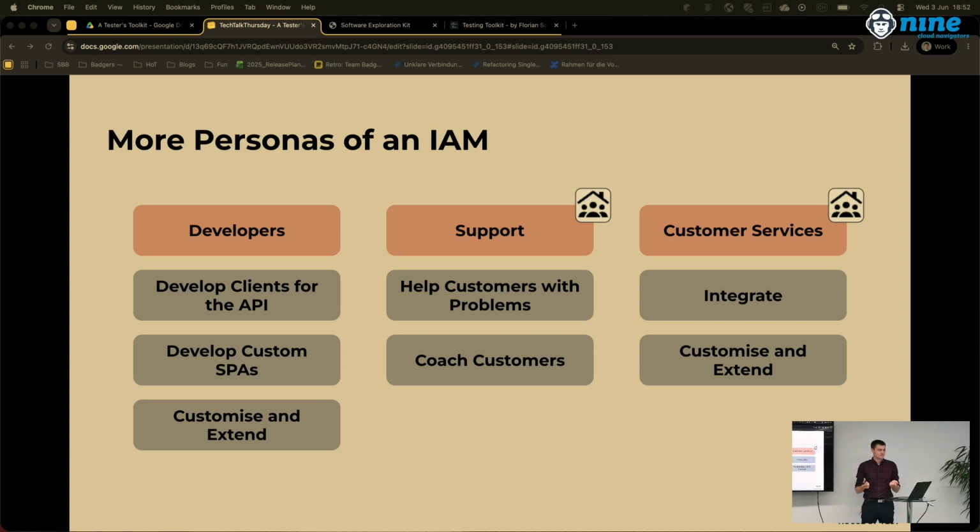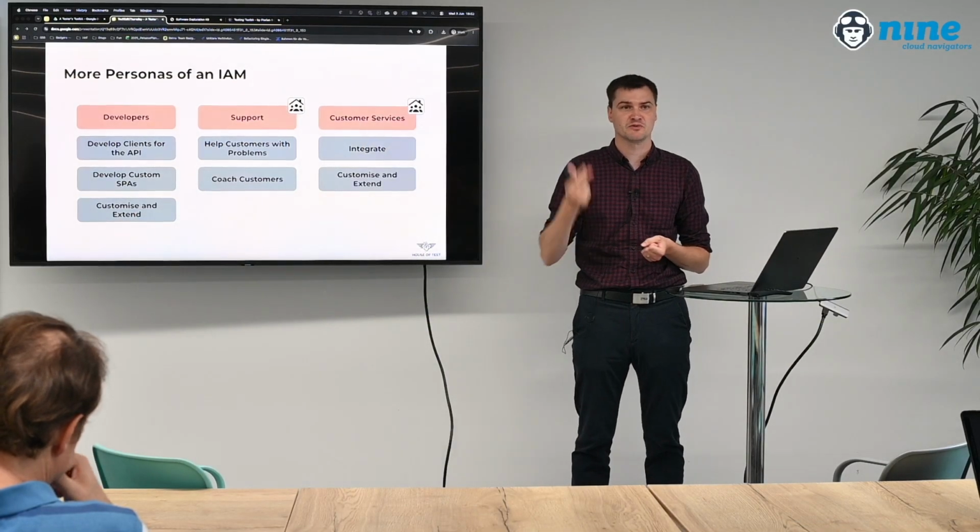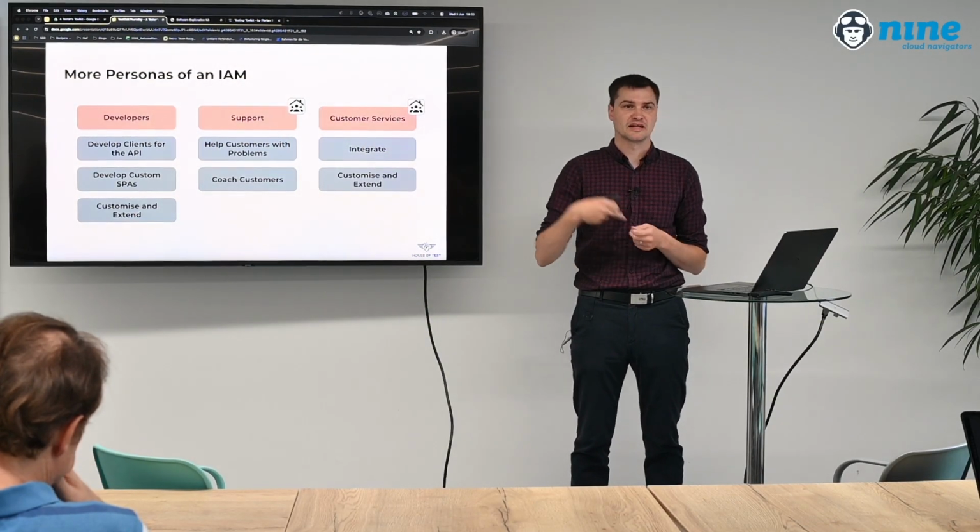And there are also people within your own organization that build this identity and access management. For example, the customer support who gets calls and Jira tickets with problems. So you need really good logs that the customer can attach to it, so you can understand what the configuration is, how the system behaved, what exactly the problem is, and you can help them.